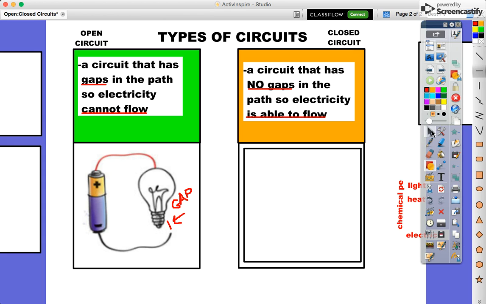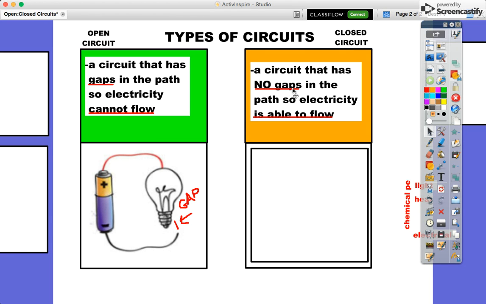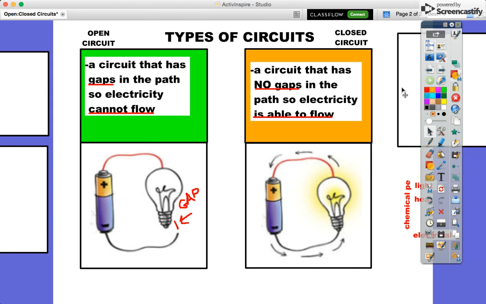A closed circuit has no gaps and electricity is able to flow. So when you are creating circuits, you want a closed circuit, not an open circuit, if you want the electricity to flow.